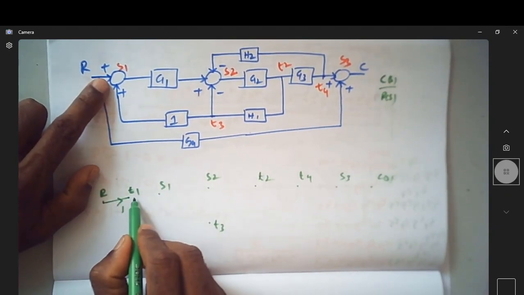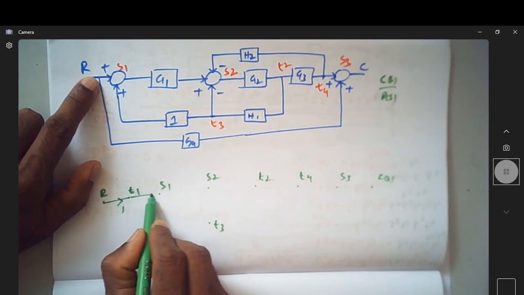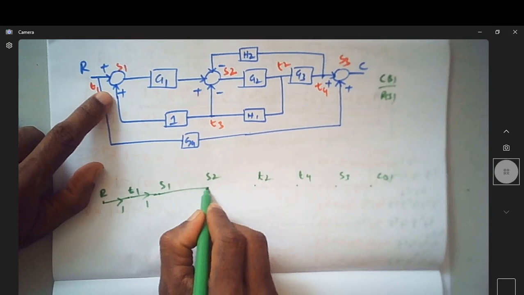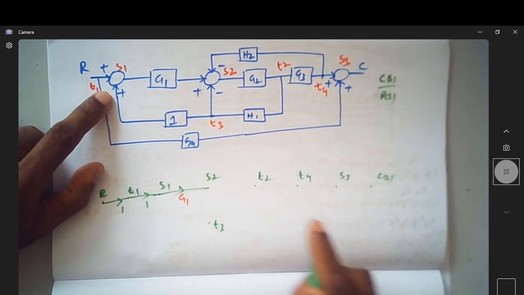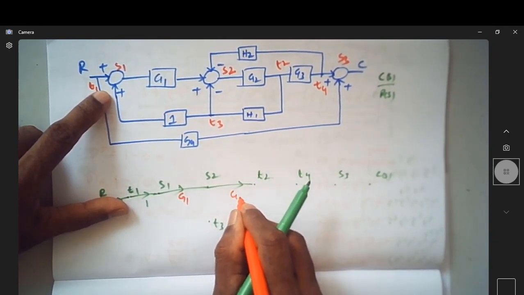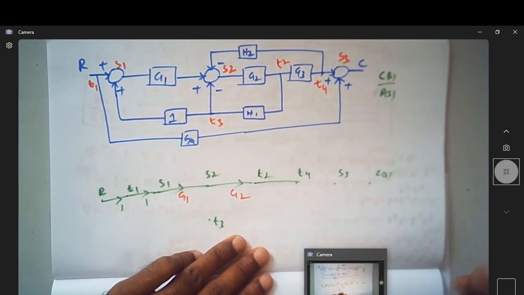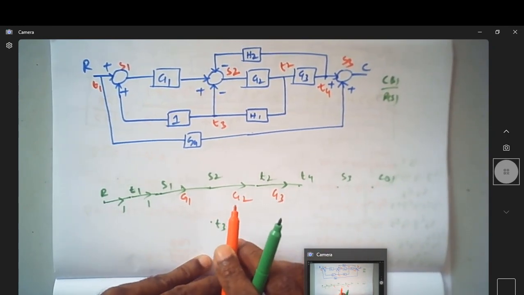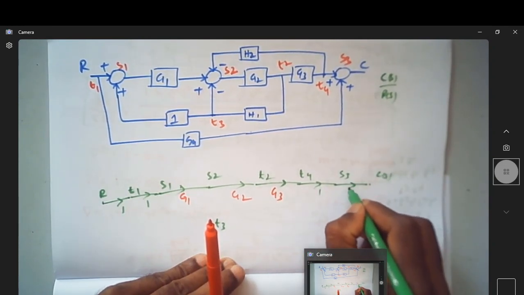Now you start joining them with their gain. It is 1 between R and T, then between T1 and S1 it is also 1, between S1 and S2 it is G1, between S2 and T2 it is G2, between T2 and T4 it is G3, and between this and this it is magnitude 1, this is again 1.